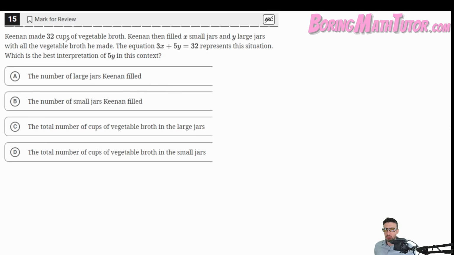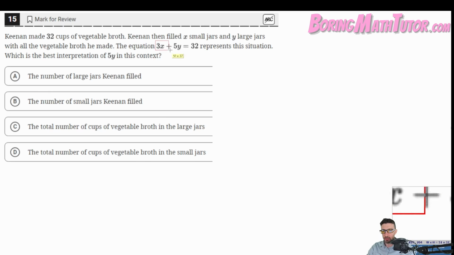Keenan made 32 cups of vegetable broth. Keenan then filled X small jars and Y large jars with all the vegetable broth he made. Whatever. We don't really need to read this because this is a particular problem type where they're saying that the equation represents a situation, and they're asking what's the best interpretation of the 5y.